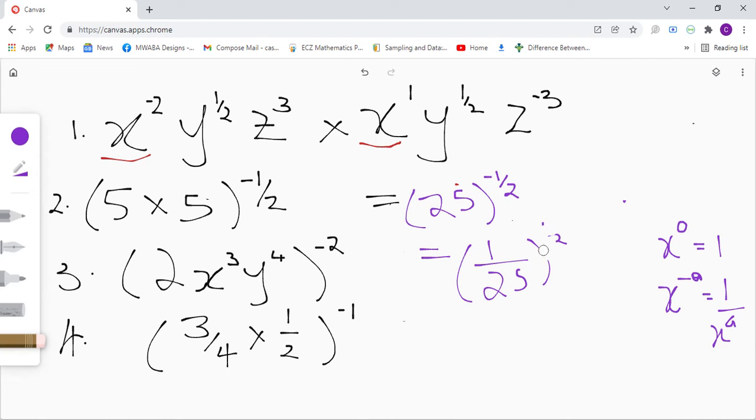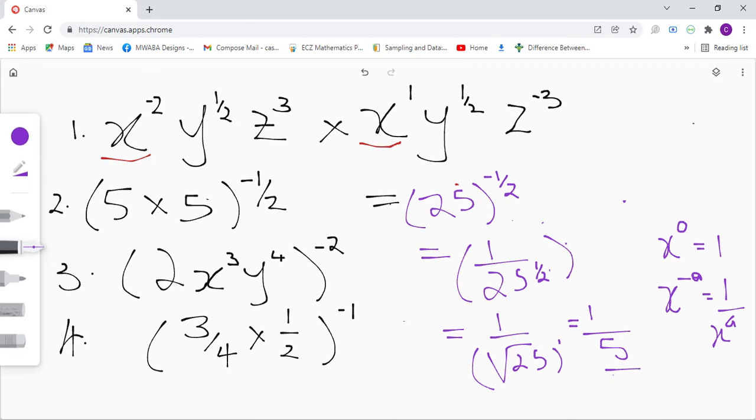The half has to be here, sorry. 1 over 25 to the power half. Right? And basically, we have to get the square root of 25. The square root of 25 is 5, so we get 1 over 5 as our answer.